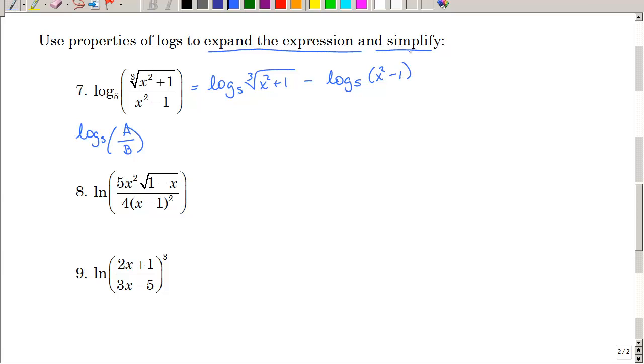Can we go further? Yes, we can. When you see a radical, you really should rewrite that as a power. And then the last thing we can do is use our power rule and bring that down in front.